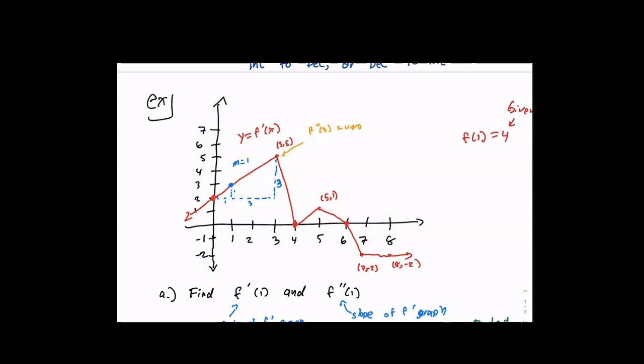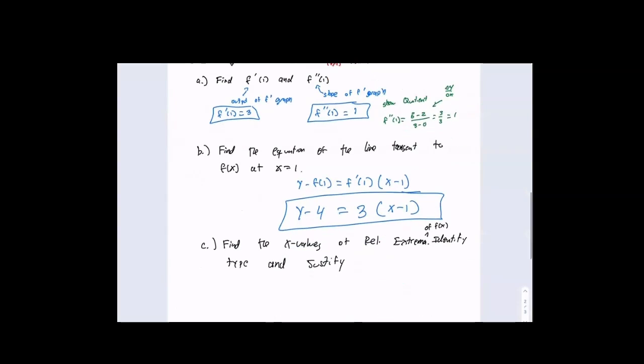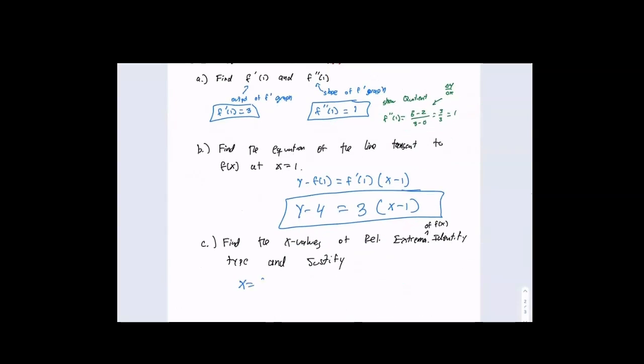So one of the things I would know is that the answer cannot be x equals 5, and that usually helps me remember what I need to do. So where is there a relative extrema for y equals f of x? Ariana, you're correct. The answer is x equals 6.